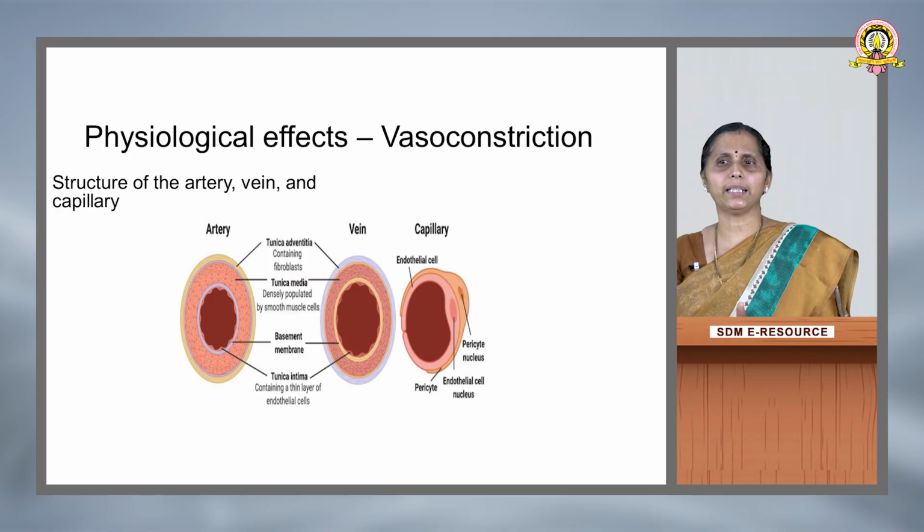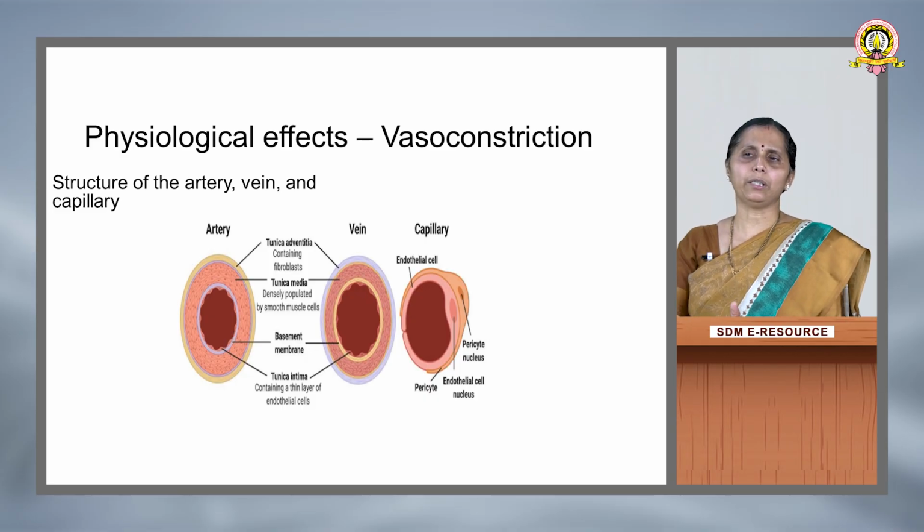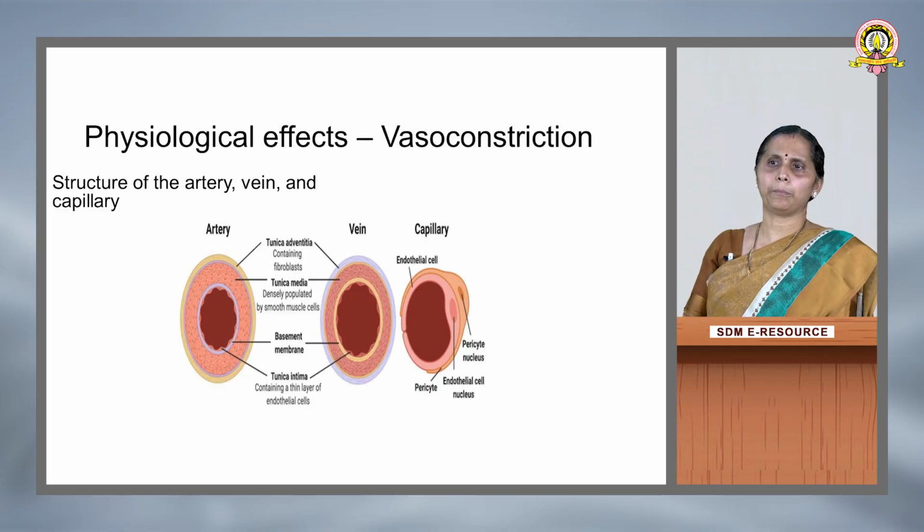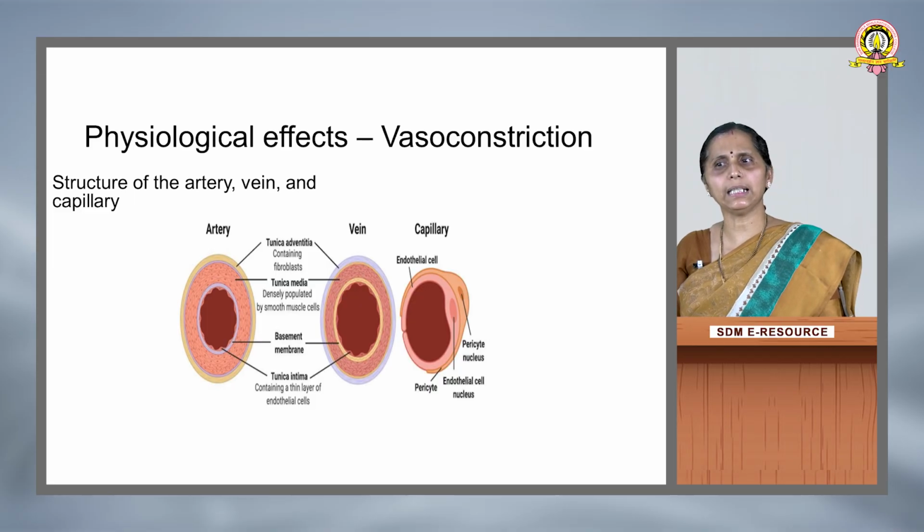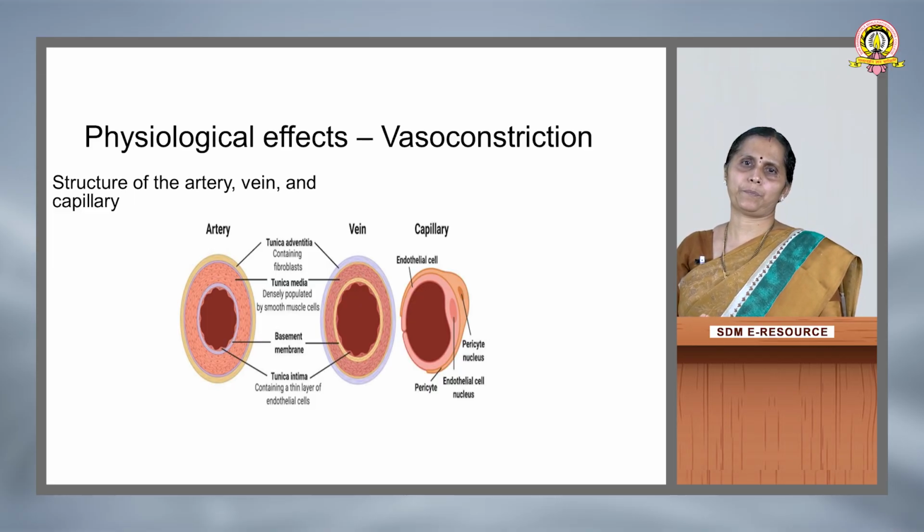There are three layers in artery and vein: tunica adventitia, tunica media and tunica intima. In capillary we have two layers made up of endothelial cell and pericyte. So, this is the structure of the artery, vein and capillary.